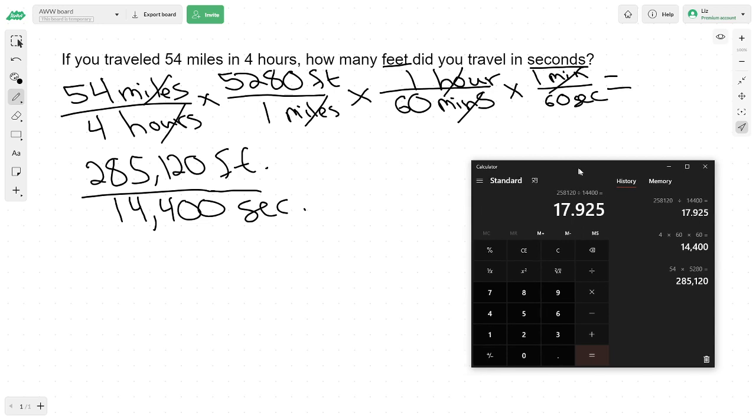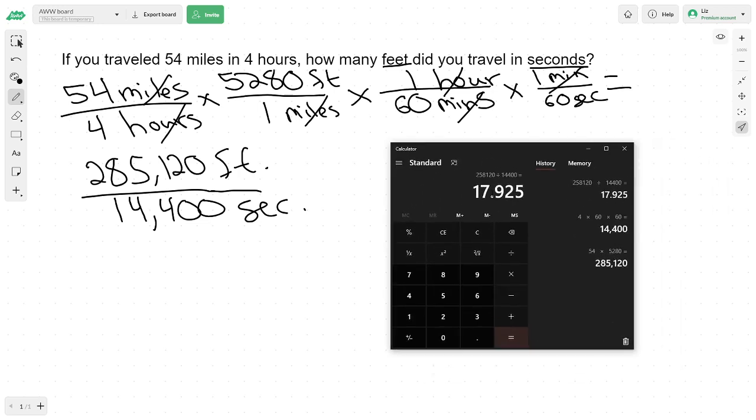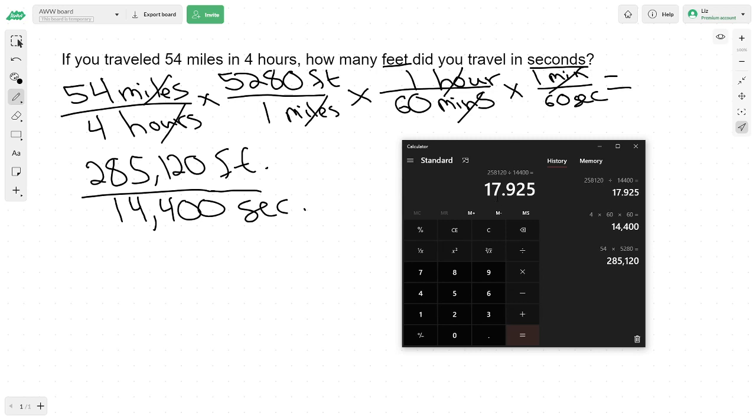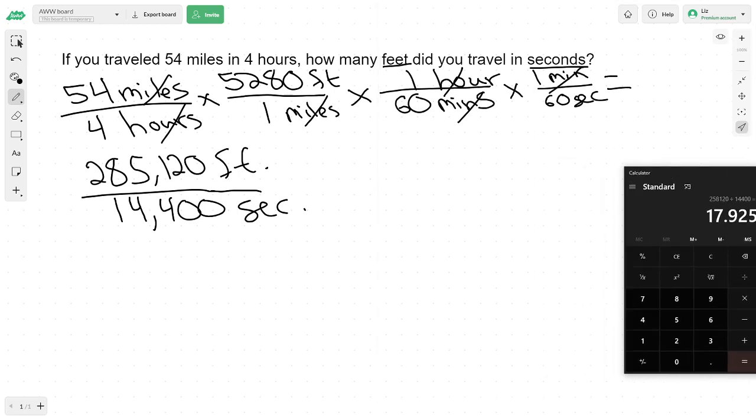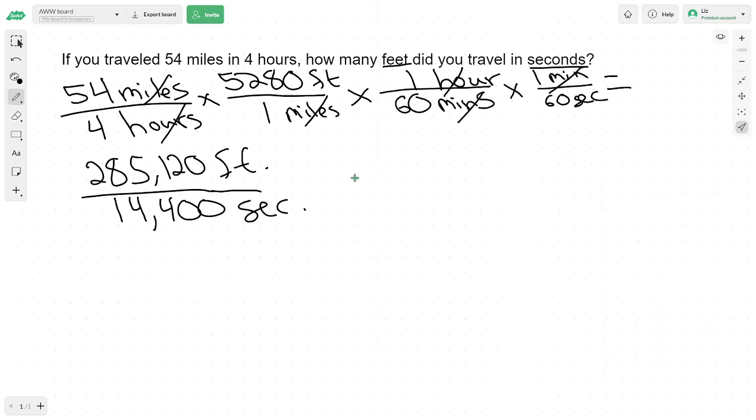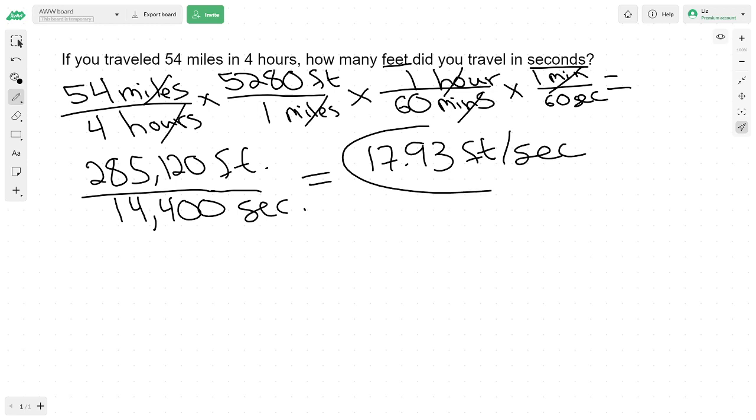And when you do an equation like this and you get an answer with a bunch of decimal places, I would round it the same way you would round money, 2 decimal spots over. So this is going to be 17.93 feet per second. And that is our answer.